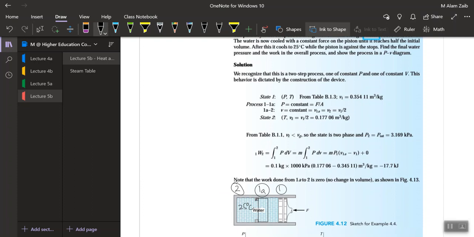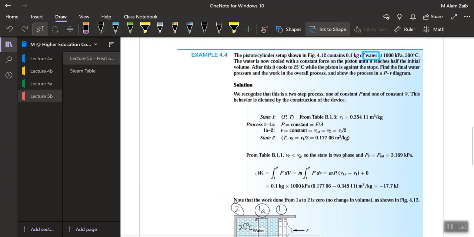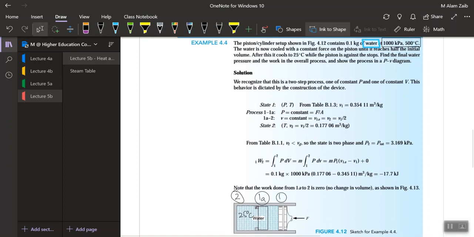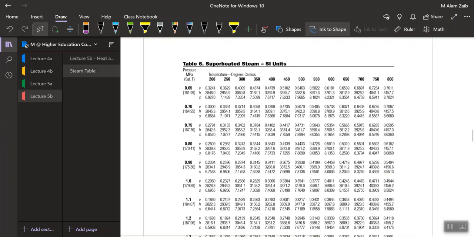First things first, the initial condition, which is 1000 kPa and 500 degrees centigrade, and find the volume at state 1. 1000 kPa is equal to 1 megapascal, and at 1 megapascal and 500 degrees centigrade, let's check what the condition is.